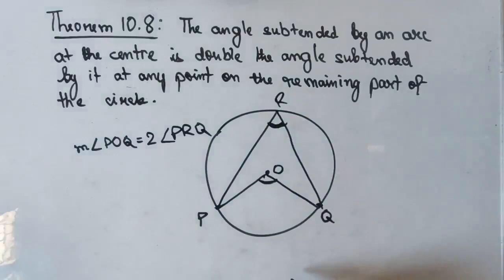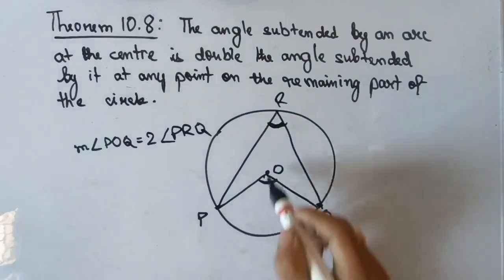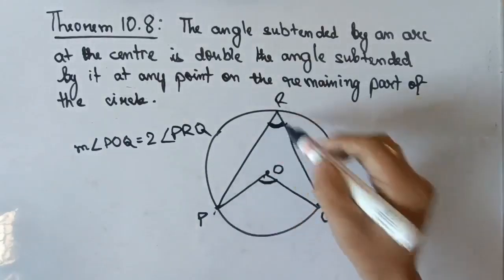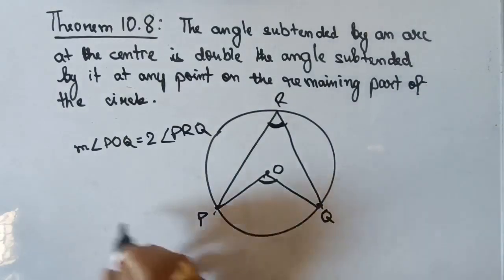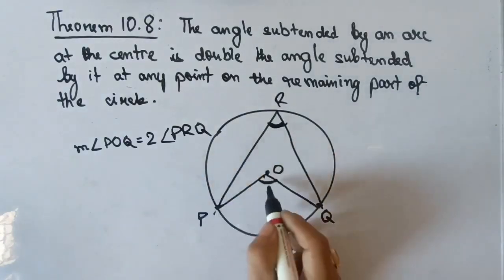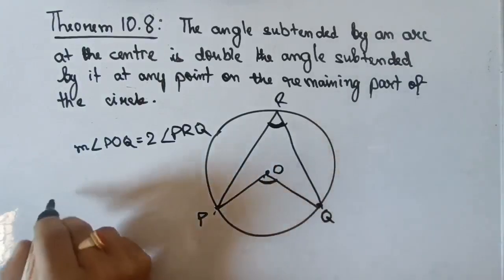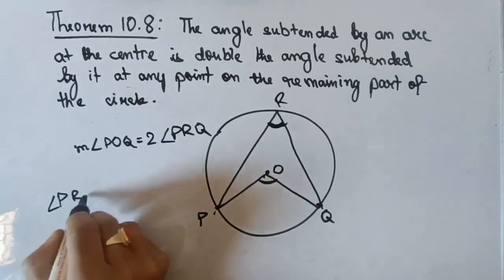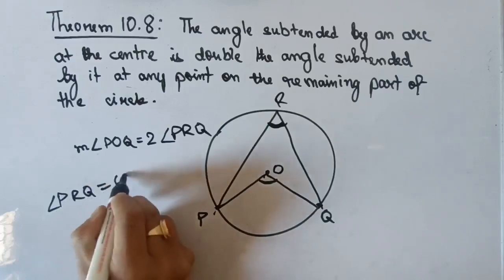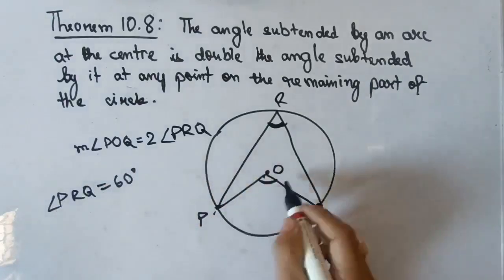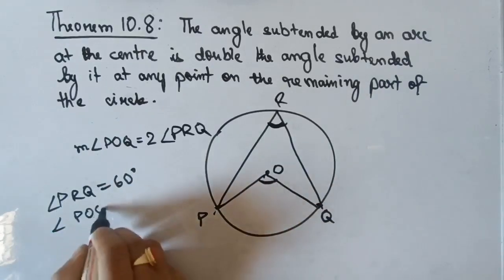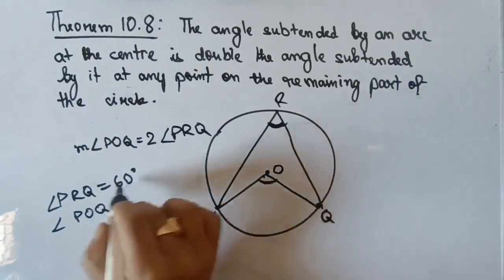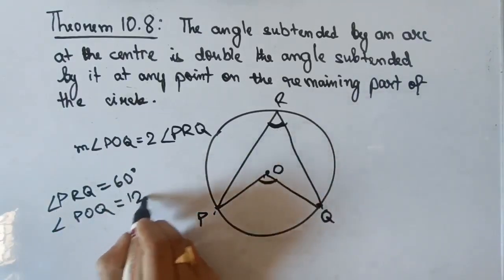So measurement angle POQ will be twice the measurement angle PRQ. Suppose angle PRQ is of measure 60 degrees, then the measurement angle POQ will be twice that of PRQ, that is 120 degrees.